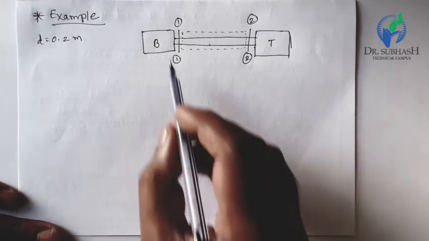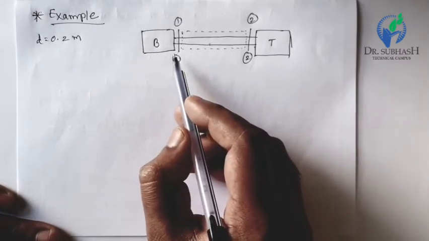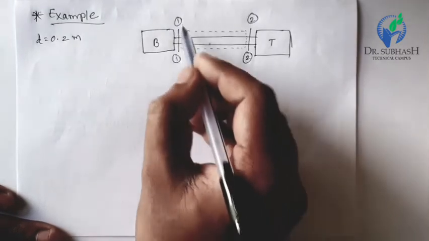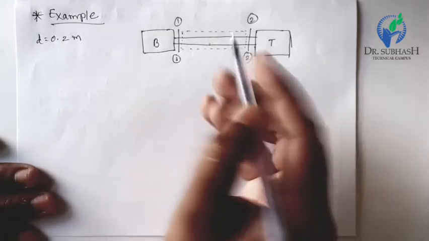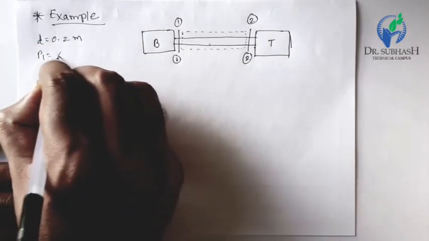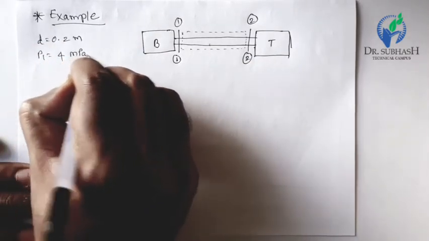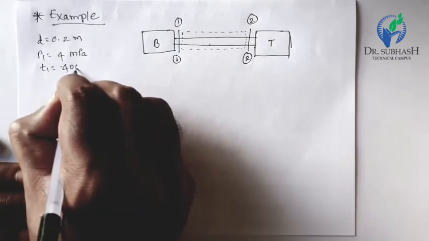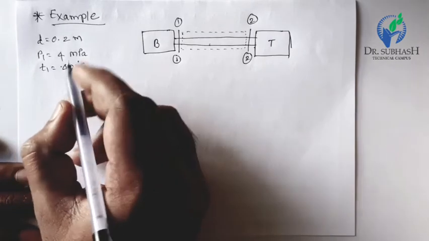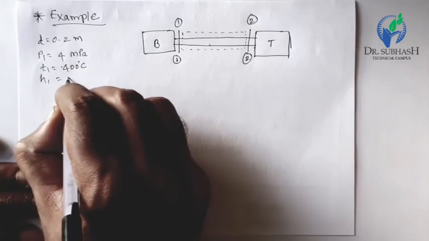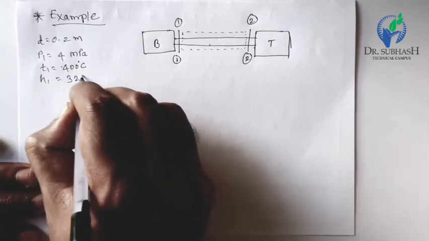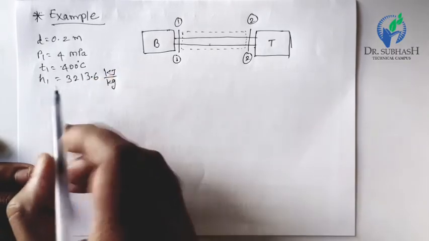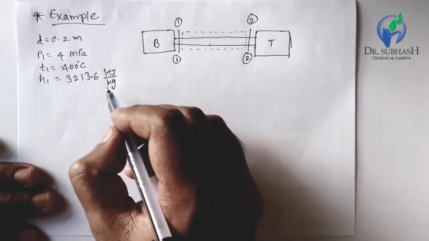At the boiler end, at section 1-1, the steam conditions are found to be: pressure P1 is 4 megapascal, temperature T1 is 400 degrees Celsius, then enthalpy H1 is 3213.6 kilojoule per kg.